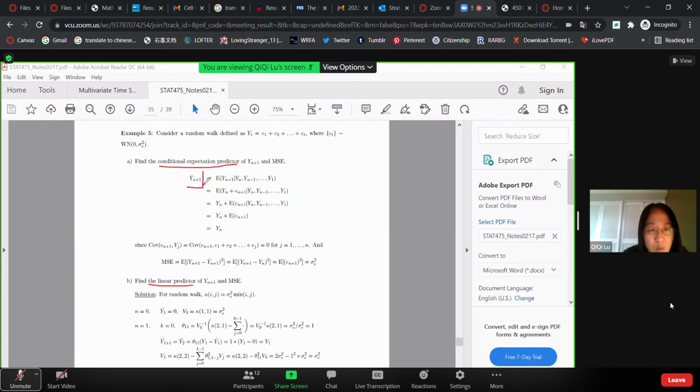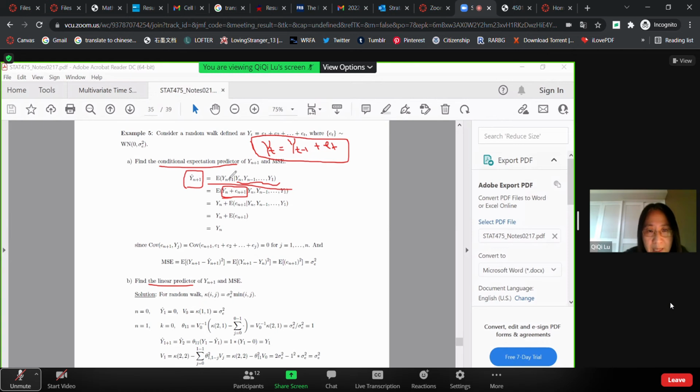We have Y n plus 1 hat. By definition of the conditional expectation predictor, this is the expectation of Y n plus 1 given all the data we have here. From the random walk, Y t is the sum of the noise up to time t, so it also has a recursive form: Y t equals Y t minus 1 plus e t. So this is another form for the random walk.